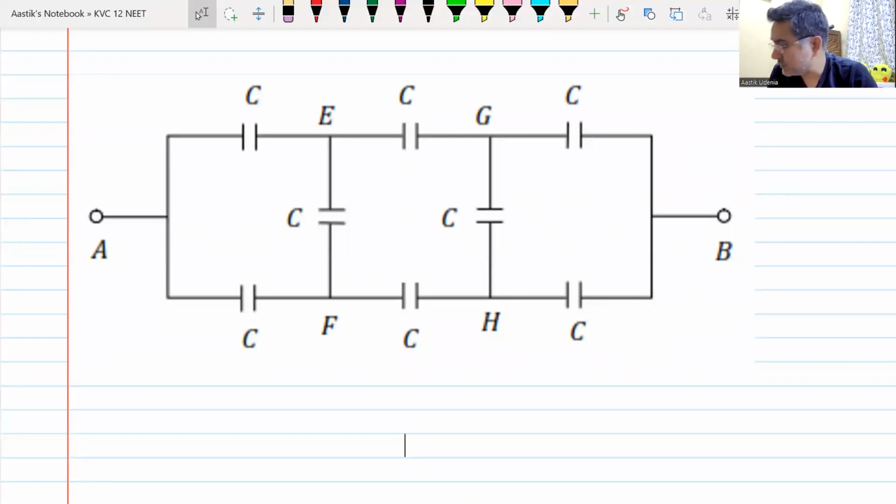Then this one, sir. You have to find out the effective capacitance between A and B, sir.